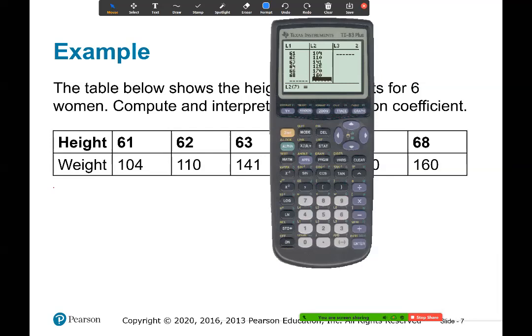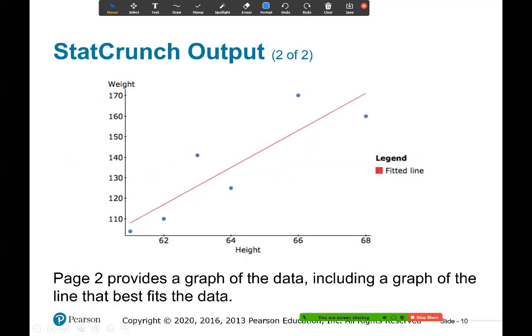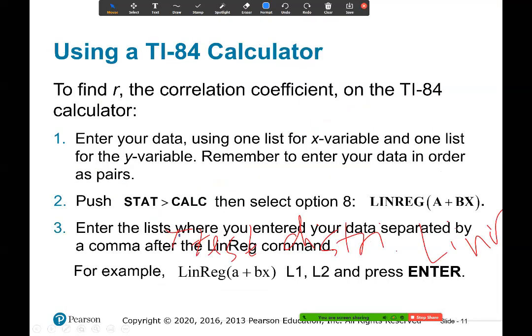After that is done, I will go here. They didn't show you the steps to enter the data, but I'll show you.